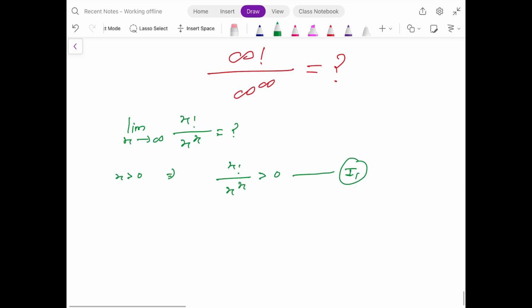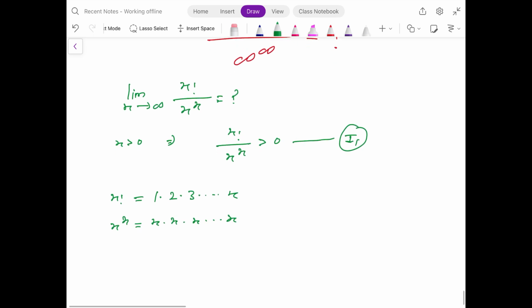Further, x factorial can be written as 1 multiplied by 2 multiplied by 3 up to x. Similarly, x raised to x can be written as x multiplied by x up to x.